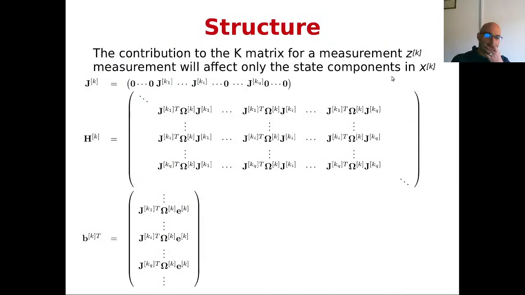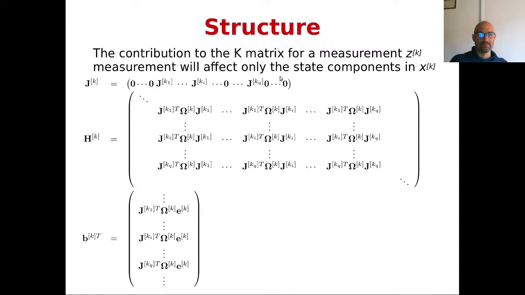One of these factors will in general influence a number of blocks of the H matrix, which is proportional to the square of the variables involved. Because if you take, let's say, this is a Jacobian of a generic factor, this factor here depends on the variables k1, k2, kq, right? Which are potentially scattered in my ordering of the variable set.